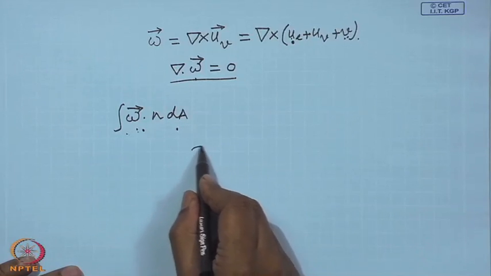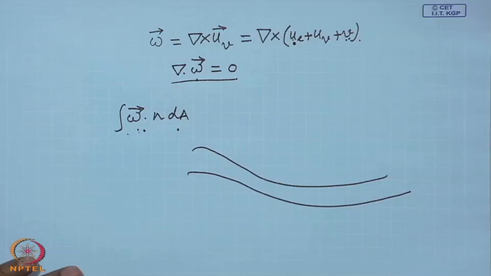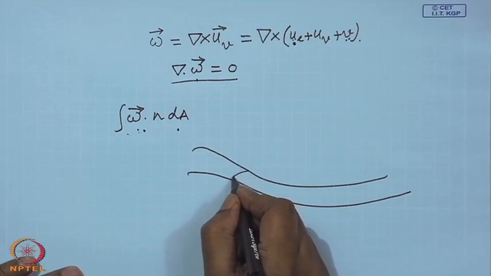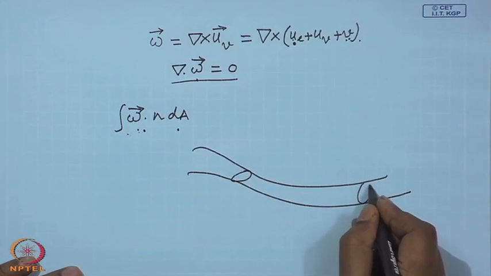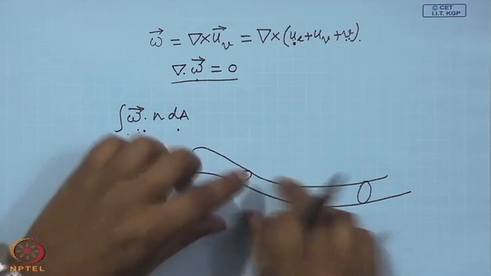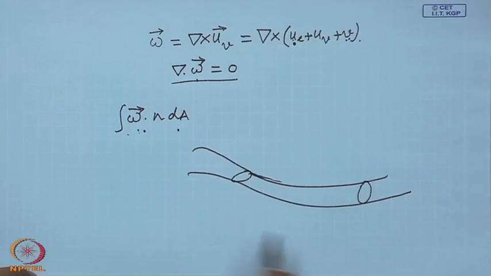Now, let us consider this vortex tube, and consider two such areas, one here and another here. Along with them, consider this part of the tube, which makes a volume.